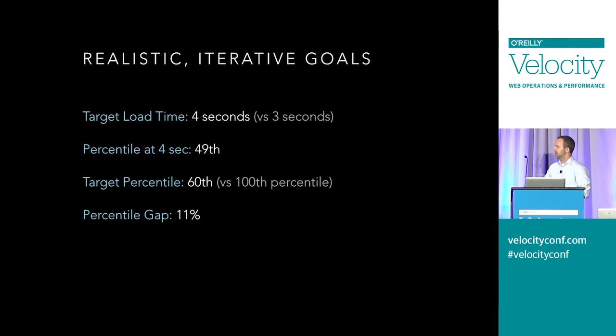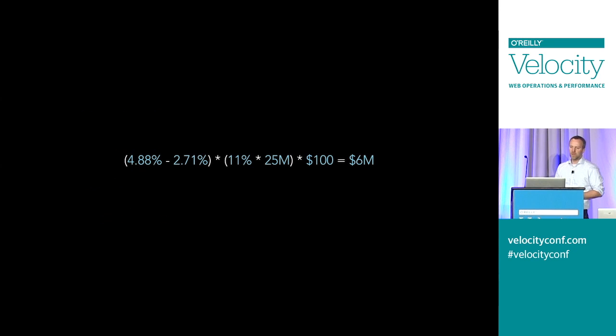So if we take the 60 minus the 49, what we're implying is that everyone on the other side of 49 has already achieved the load time goal, so they're not eligible for this optimization. Everyone on the other side of 60, for us right now, is unrealistic. We're targeting this band in between 49 and 60. So that's an 11-point percentile gap. Then we can reapply the same kind of math, except we're taking the 4.88 minus 2.71, which gives us our conversion rate potential.